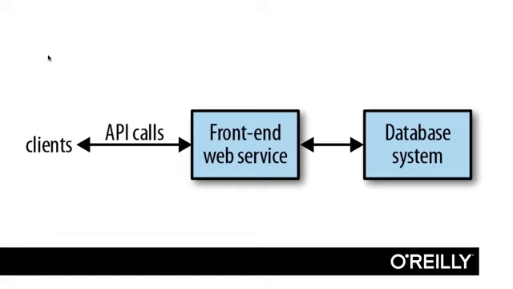So what I've depicted here on the right is a legacy database system. The database system isn't so important. This might be a COBOL program, a Fortran program, a C++ program, whatever sort of program is of interest to us. And it's been front-ended as a web service. And then on the left, you see clients making calls against the web service in order to talk to the back-end system.